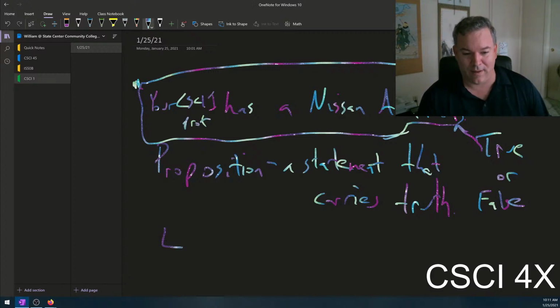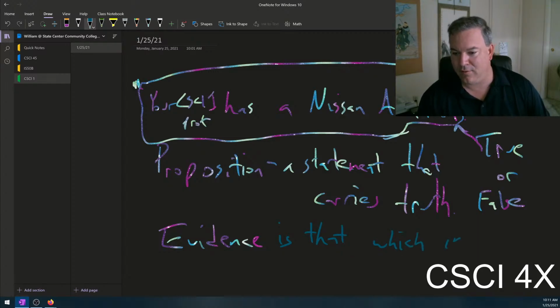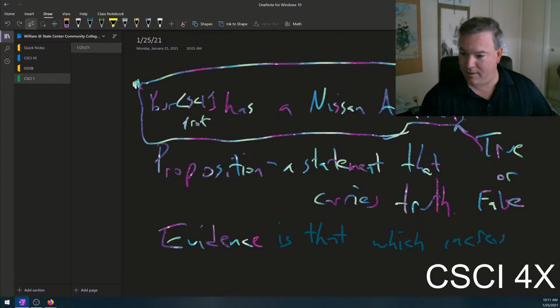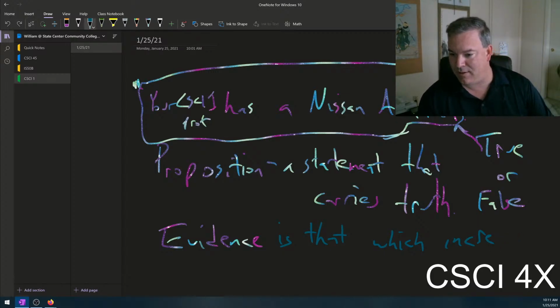So, evidence is that which increases our confidence in a proposition.